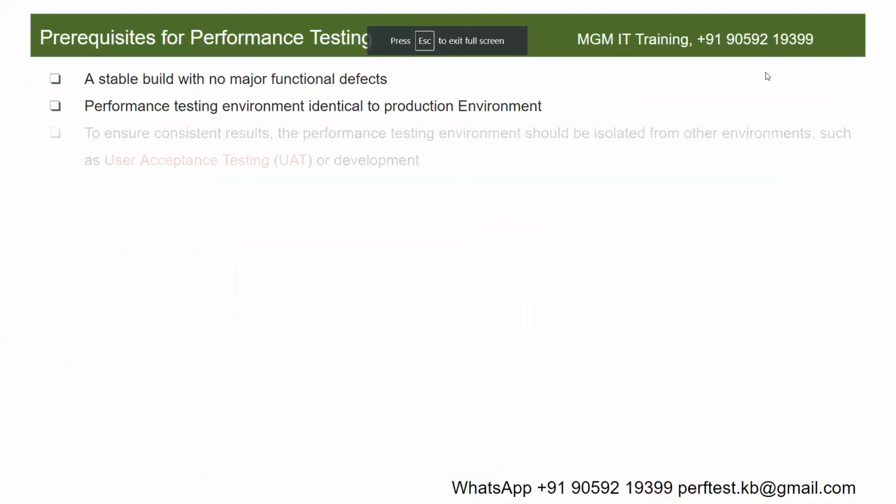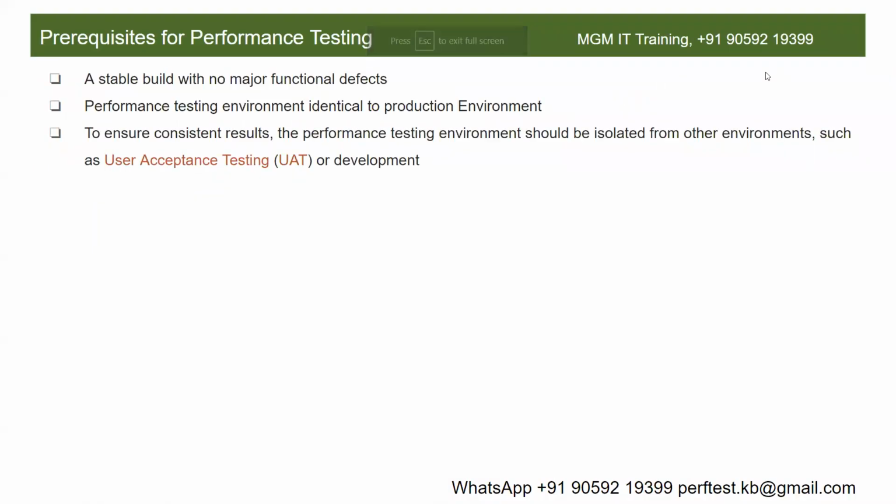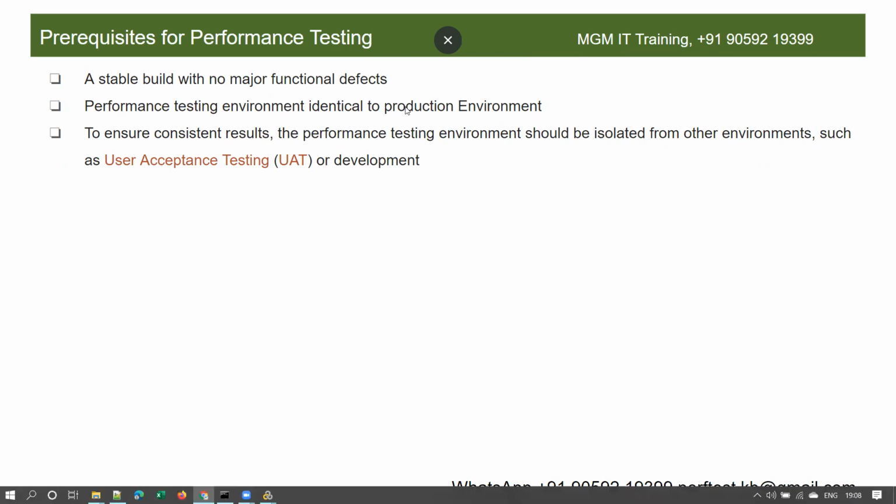The next requirement, to ensure consistent results, is that the performance testing environment should be isolated from other environments, right? That means there should not be any other testing going on in that environment, like user acceptance testing or any development work.